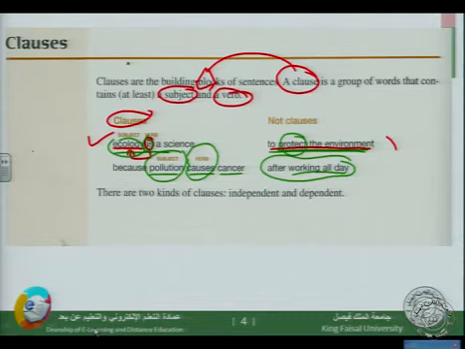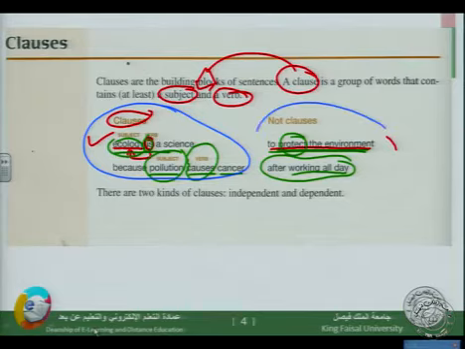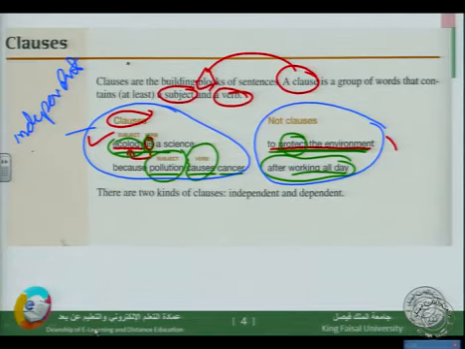So, as you can see here, we have two kinds of clauses. One we call an independent clause, and the other is a dependent clause.